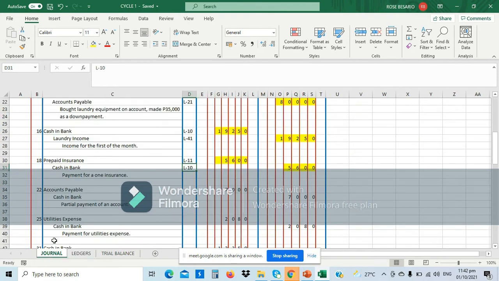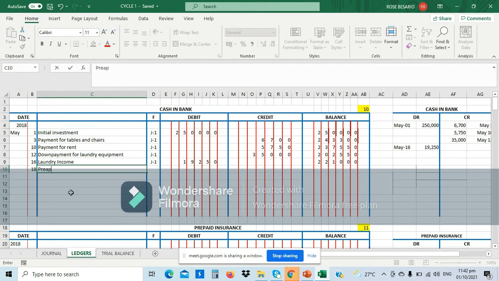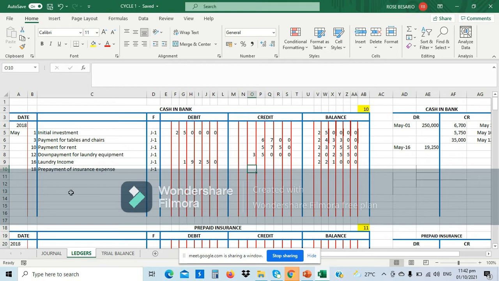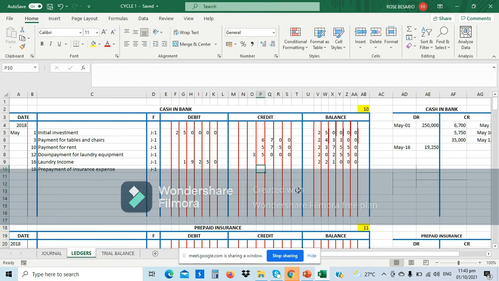So our date is 18. Prepayment of insurance expense. This is J1, journal page 1 only. And that is how much? 5,600. So credit column.